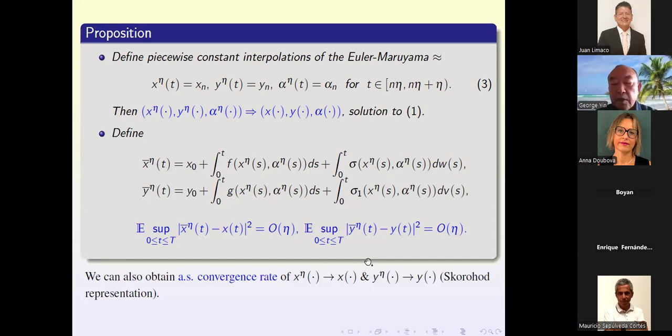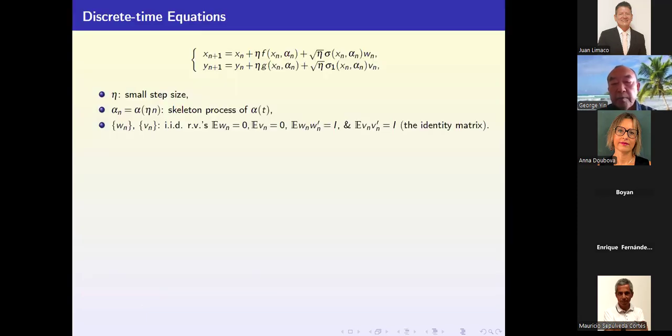So we have the convergence, and we also have the convergence rate. Now, if we use the so-called Skorohod representation, basically we are saying that in one space you have a weak convergence, then you lift that to another space, and you can show that it converges with probability one. But I don't really want to say too much about that part.